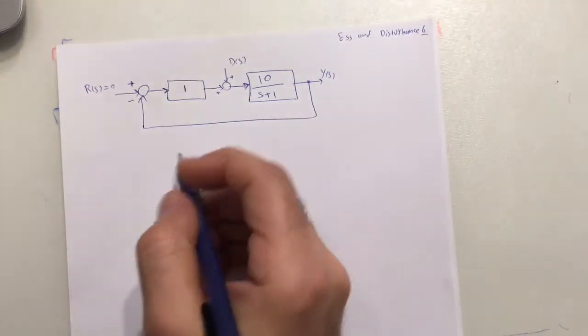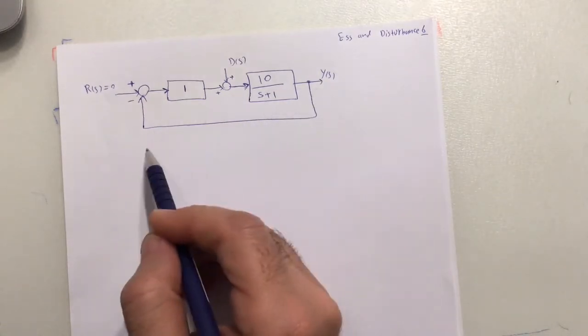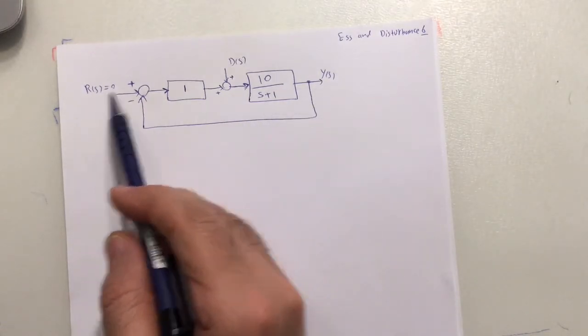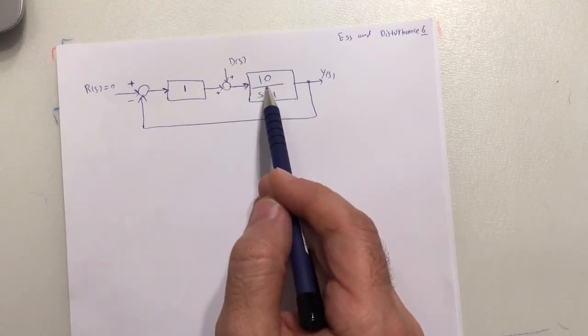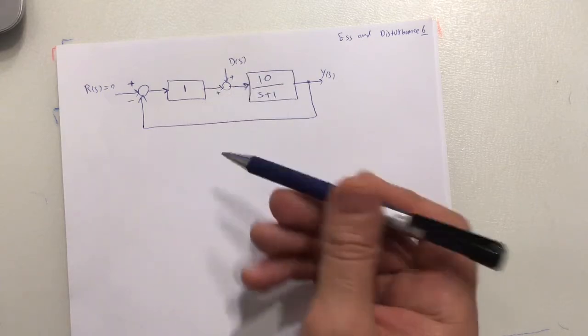I can give you a simple example here. We have this control loop, reference is 0, and we have disturbance, and the transfer function of the plant is 10 over S plus 1.